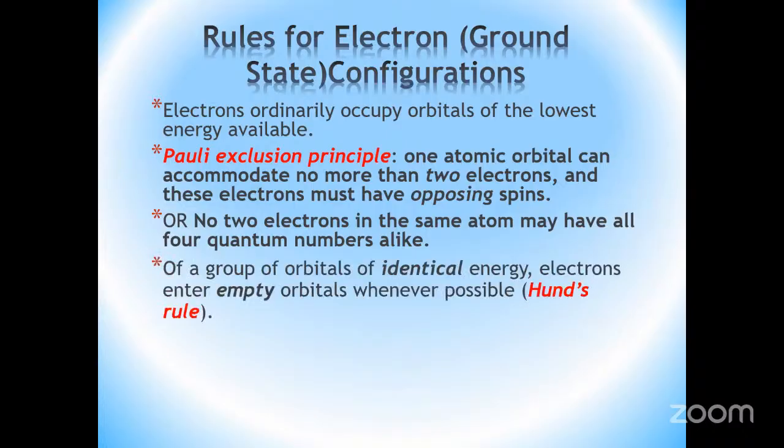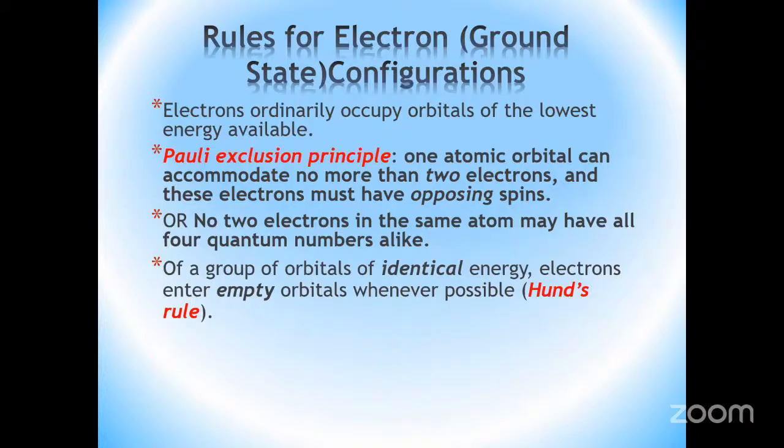Now, the next thing we have to be aware of is that if you have a set of degenerate orbitals, in other words, orbitals of the same energy, then the electrons will enter the empty orbitals whenever possible. So let's say you have 3 p orbitals. In the ground state, you will not have 2 electrons going into 1 p orbital. For example, 1 electron will occupy one of the p orbitals, and then another electron will occupy another vacant p orbital.